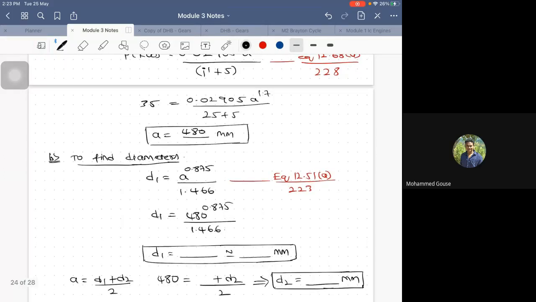For the D1, you can go with equation number 12.51, page 223. Substitute the value of A there and give me the value of D1, which is approximated.